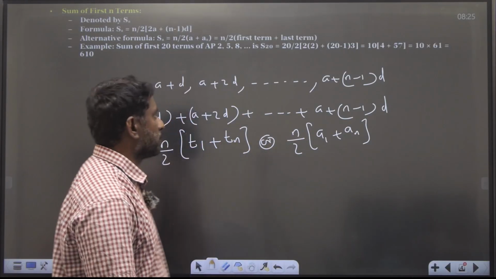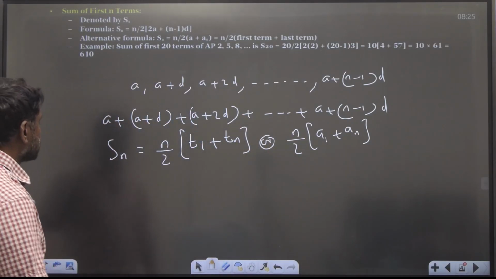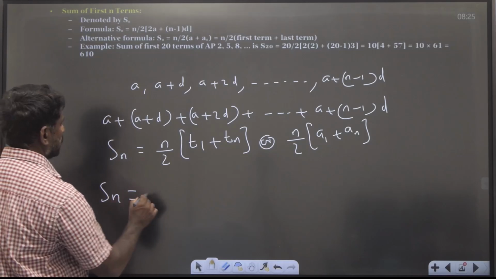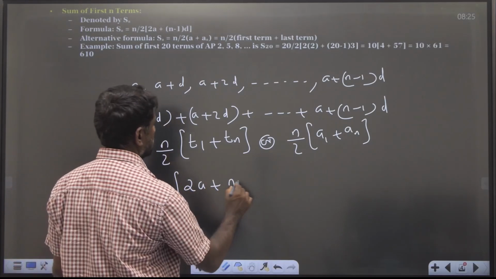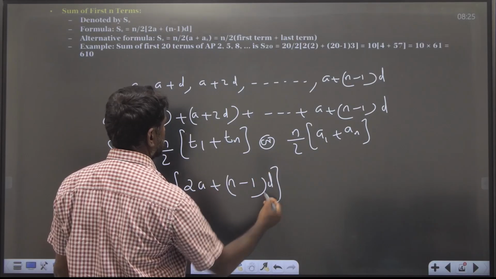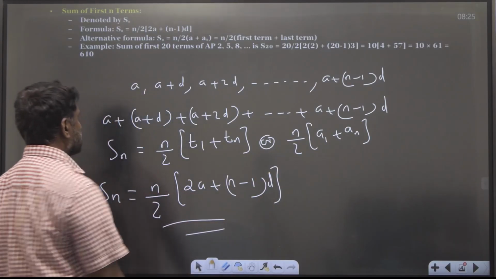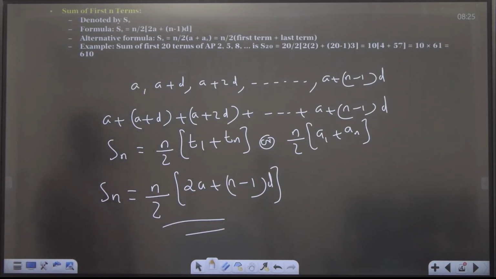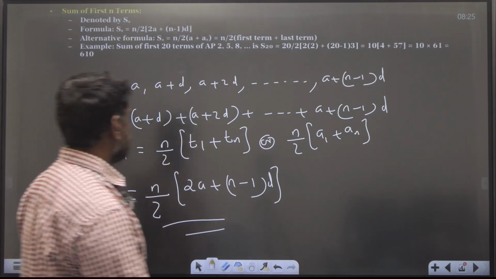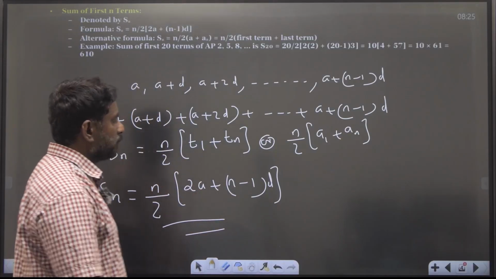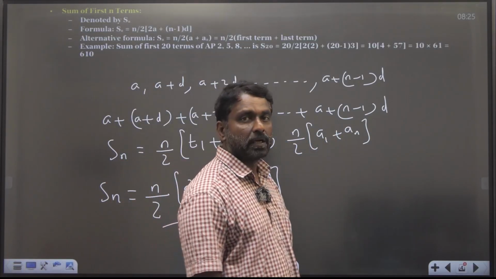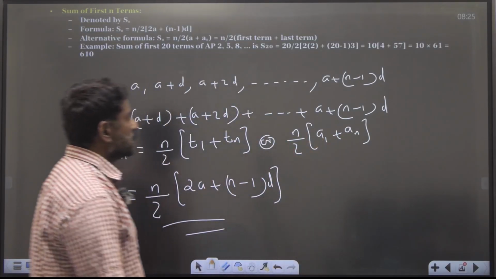Second formula: Sn is also equal to n by 2 into 2a plus n minus 1 into d. If the last term is not given, you can apply this formula. If the first term and last term are known, we can use the first formula.